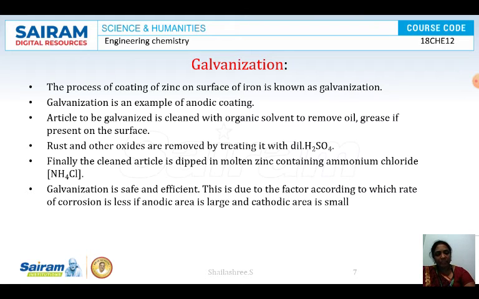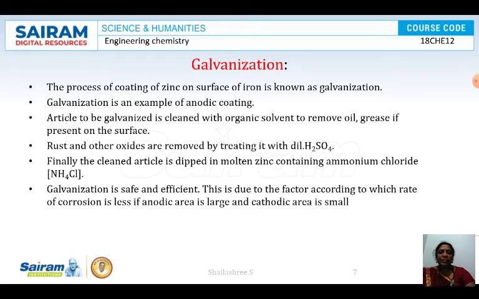Then the next step: for getting a smooth layer, the iron metal will be treated with a mixture of ammonium chloride and zinc chloride. Once we coat the metal with the ammonium chloride and zinc chloride mixture, a smoother surface will be obtained. After this the metal is washed with lukewarm water and then dried. Now it is ready for the galvanizing process.